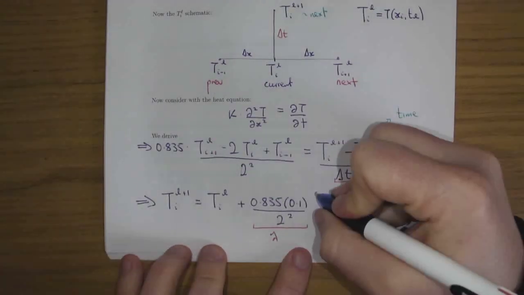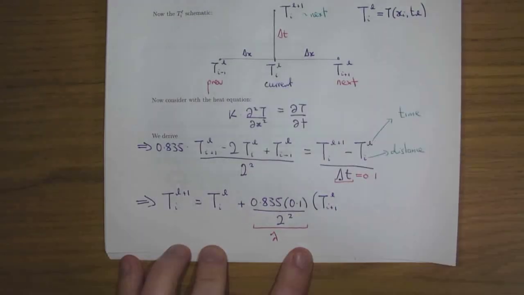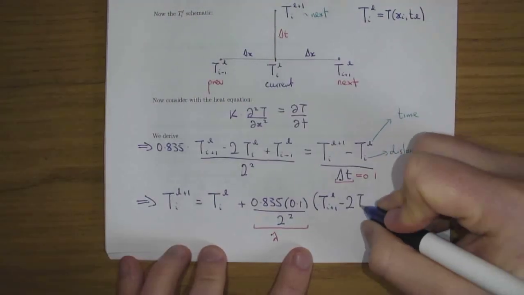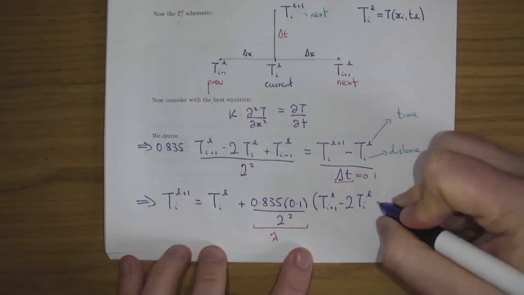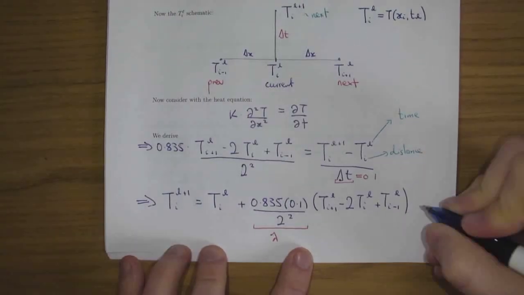Times this here: the next temperature in terms of distance, minus twice the current temperature, plus the previous temperature in terms of distance.